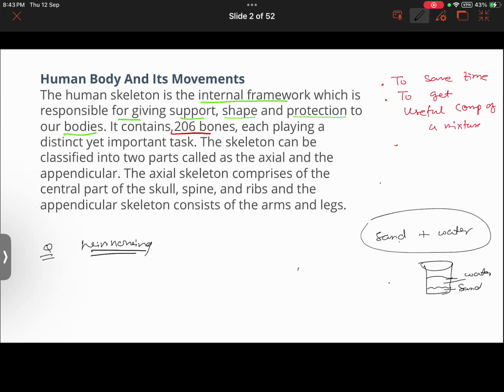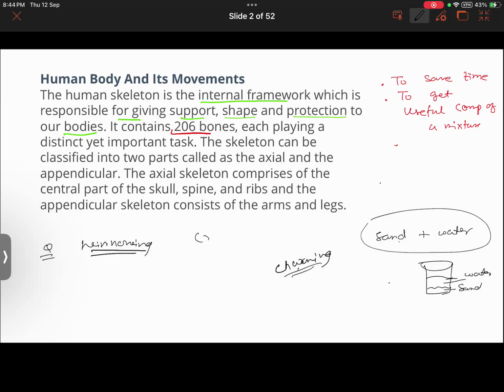Also answer to me, what is churning and what are the applications of churning? Churning. Like we have seen that from milk we obtain butter and other products. So that is obtained via which process?